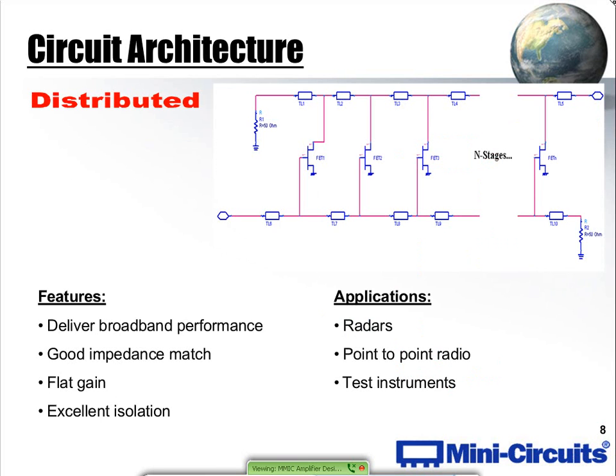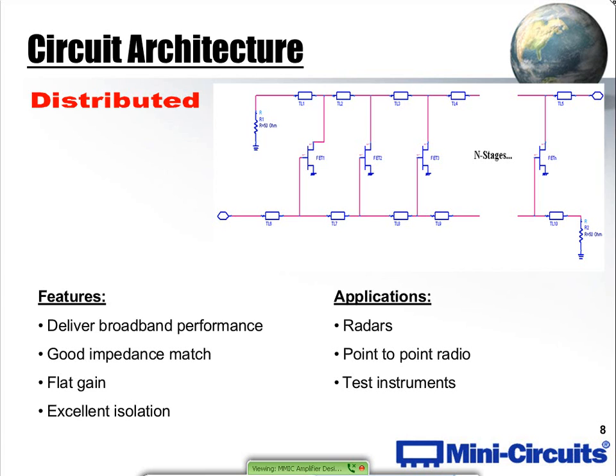The final architecture that we'll talk about today is a distributed amplifier, and this has been around also for a very long time. It's a traveling wave structure, and you can make extremely broadband amplifiers at high frequencies. Both the Darlington and the cascode, or single-ended lossless feedback, you can make multi-octave designs starting from very low frequencies, but you have limitations.